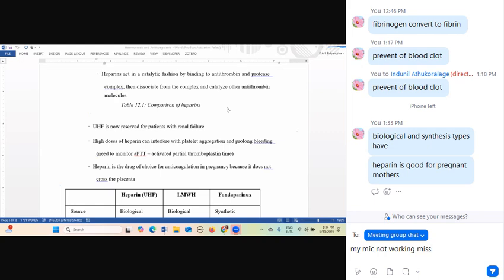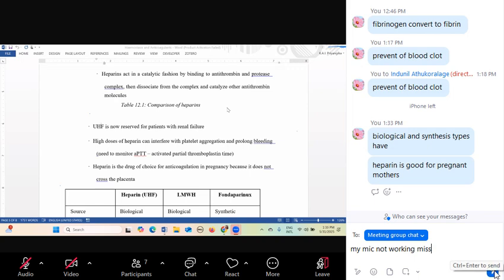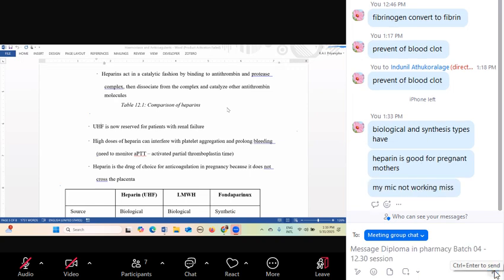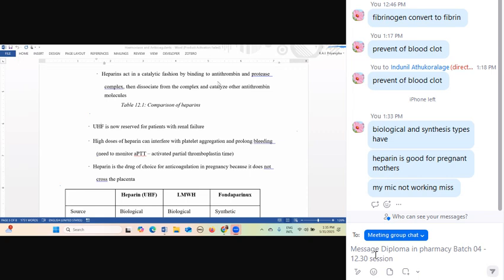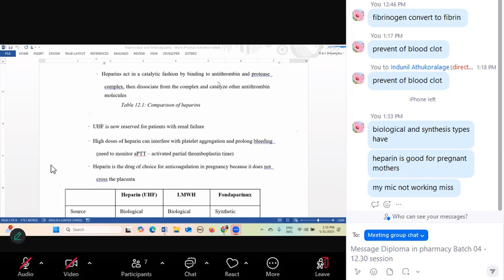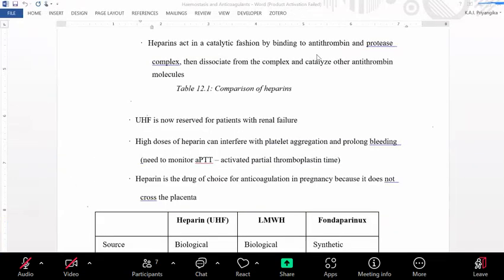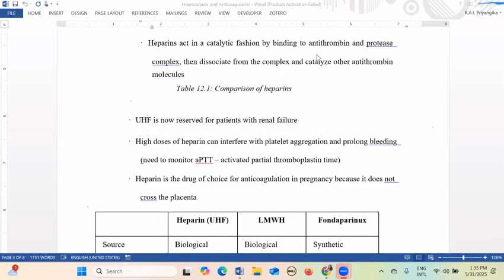Doesn't cross the placenta. Yes, it doesn't cross the placenta, but the answer should be: if there is a need to use an anticoagulant in a pregnant mother, heparin can be used because it does not cross the placenta. You can't just say heparin is good for pregnant mothers, because it is not like giving a vitamin or calcium.